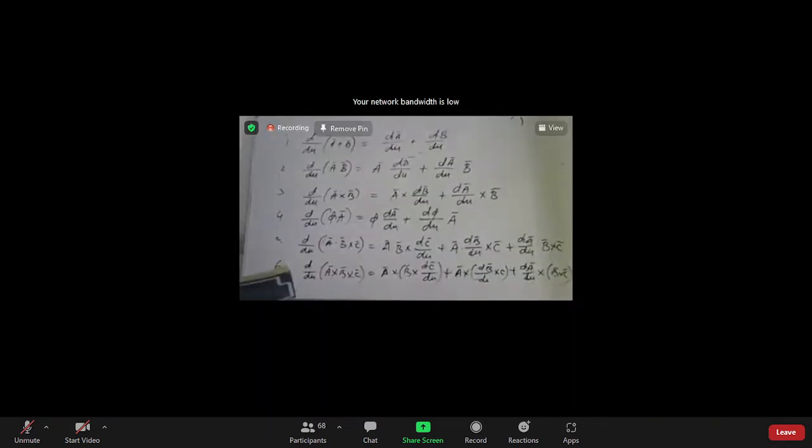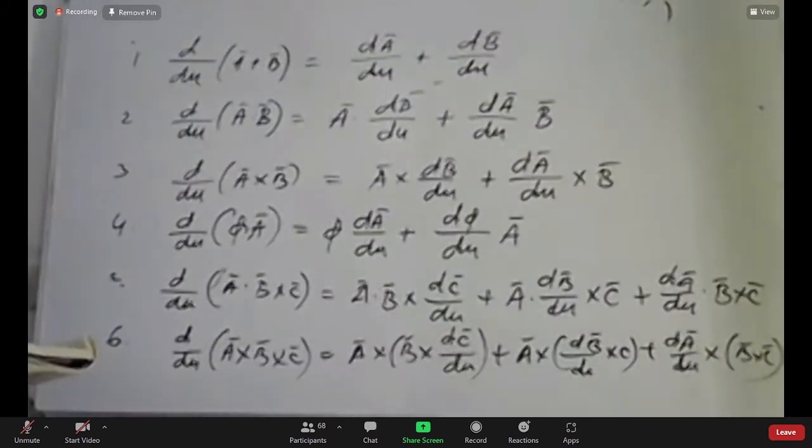Clear? Do not forget all these formulas, and let us go to solve one or two problems today.